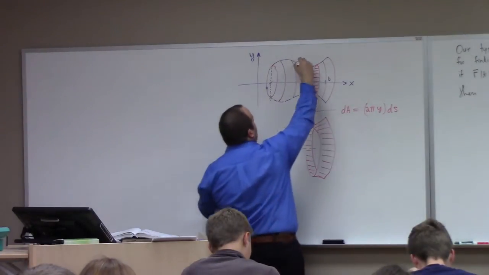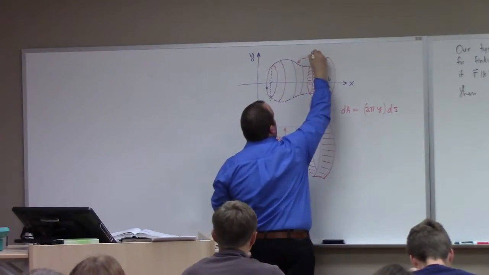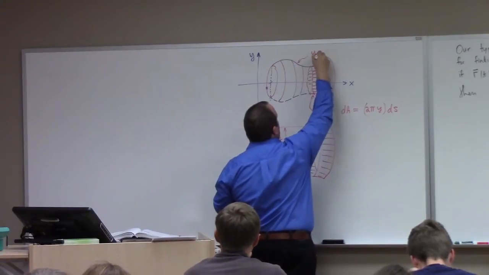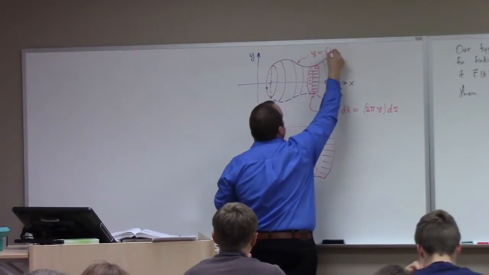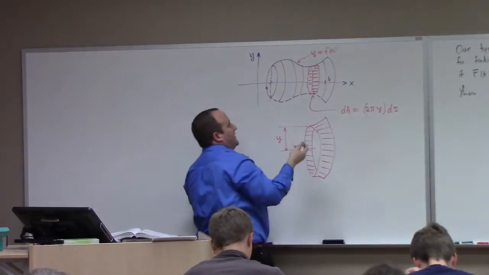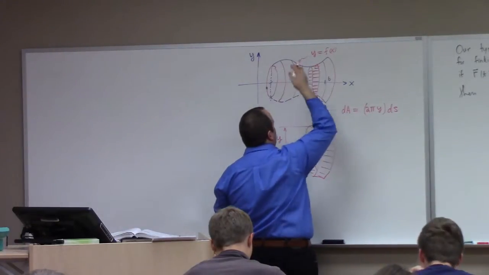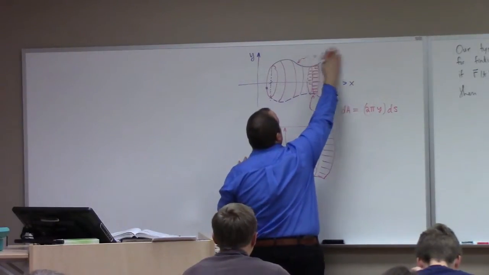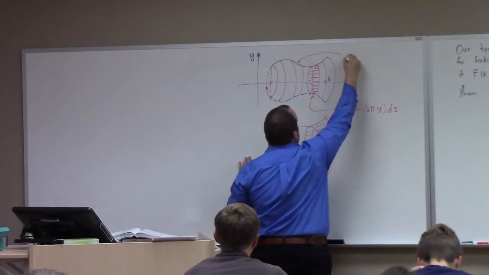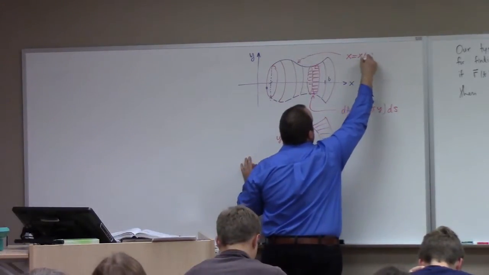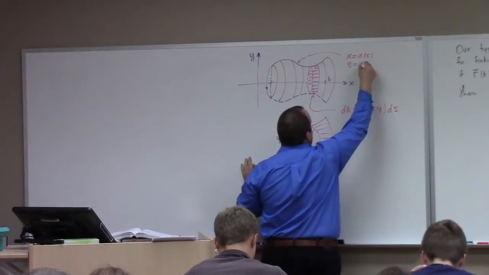For the purpose of the discussion, you could say this is y equals f of x, but I'd rather say that x is in terms of a parameter and y is in terms of the arc length parameter.